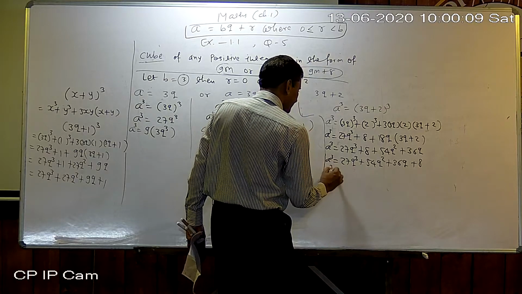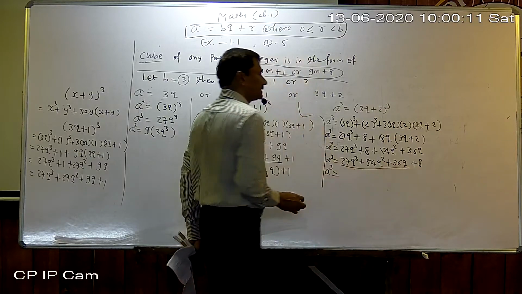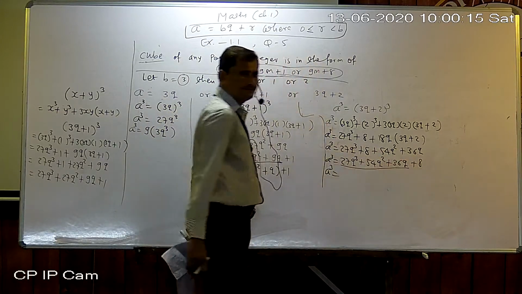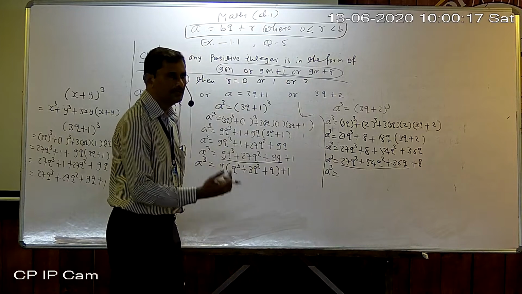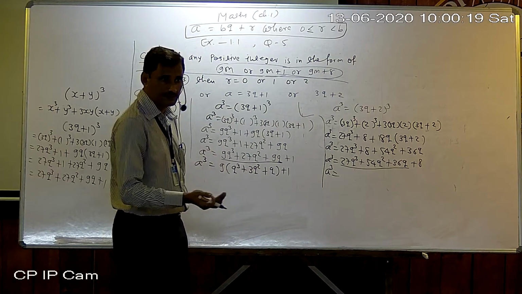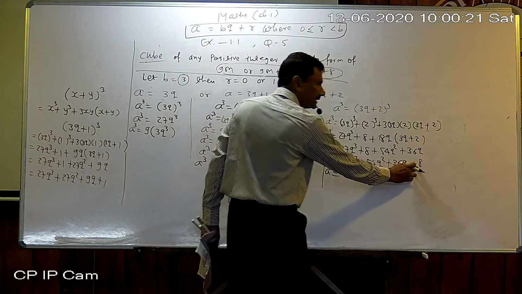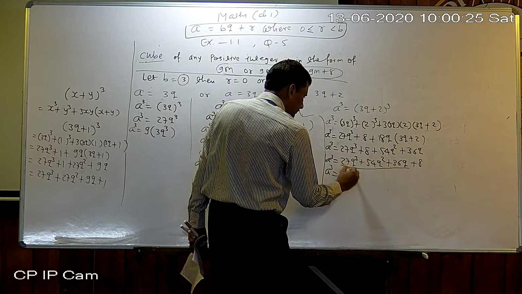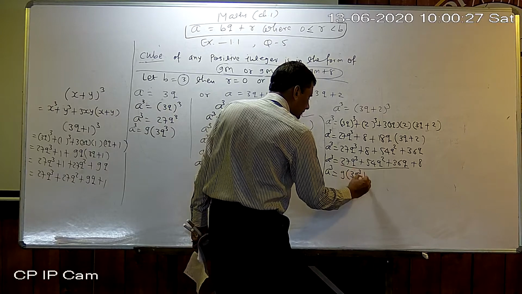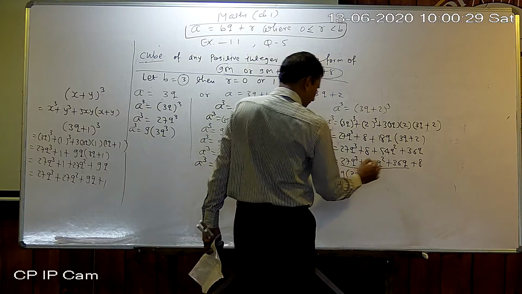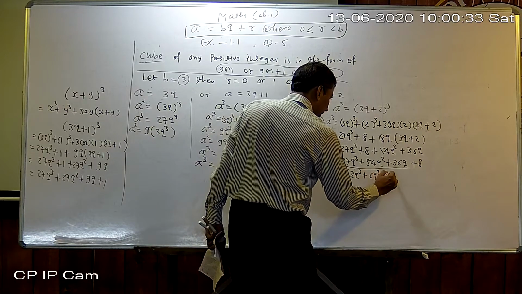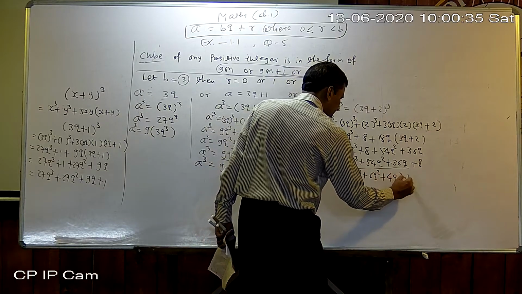A cube: here also out of the first three terms, because this is not more than 9, so no need to split it. If it were 10, then we could split 9 plus 1, but it is less than 9, so no splitting here. So take 9 common here, so 3q cube plus 9 sixes are 54, q square left, 9 fours are 36q plus 8.